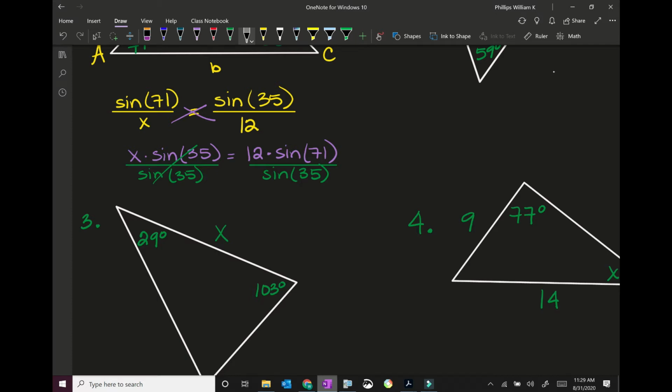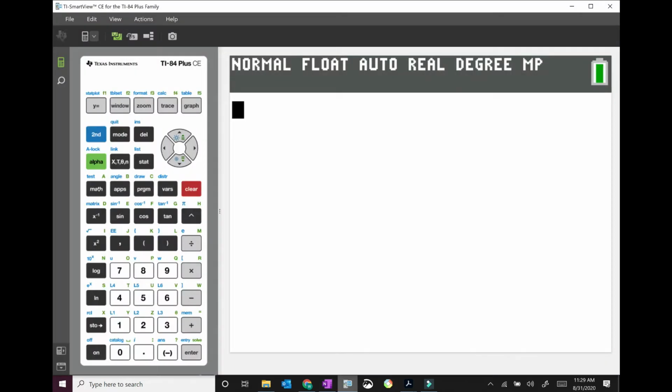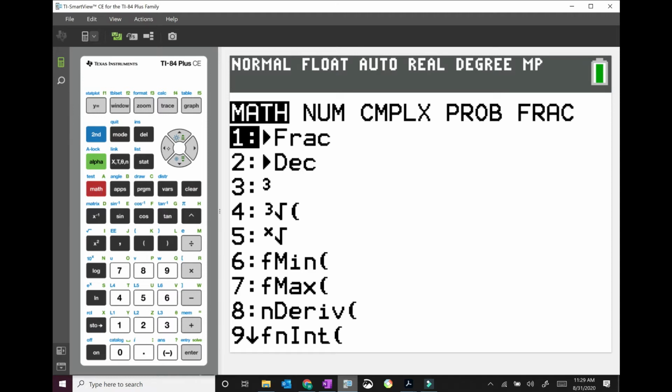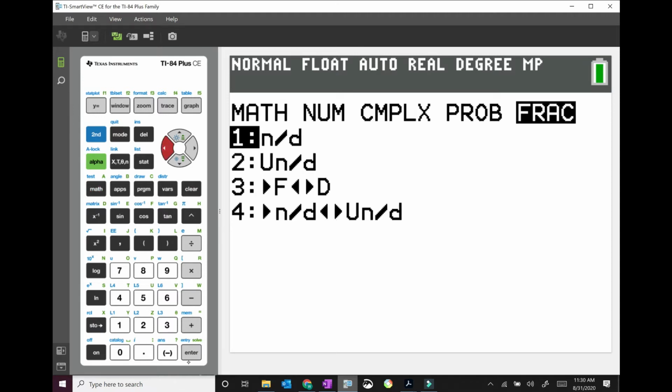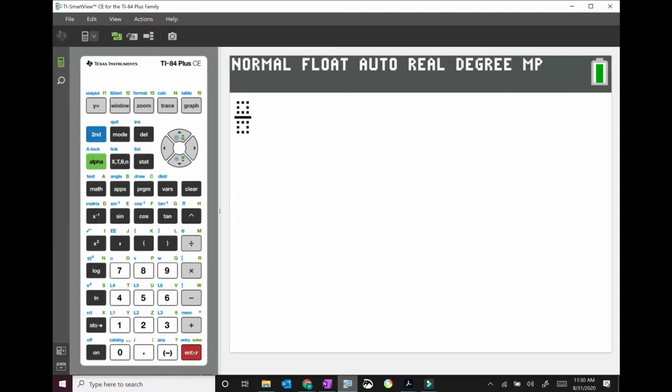So we'll put that on our calculator. We already have a fraction, so let's hit math left. We'll come over here and select our fraction symbol. And this was 12 times sine of 71 divided by sine of 35.